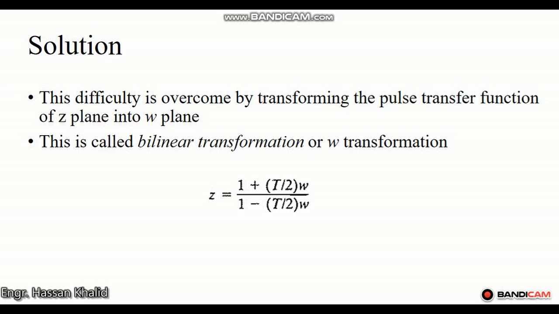The only difference is that in that equation we were not considering the sampling time and it was assumed to be unity. However, in this section we are completely defining the bilinear transformation in terms of its complete model, that is actually depicting the Z domain and relating it with the omega plane.